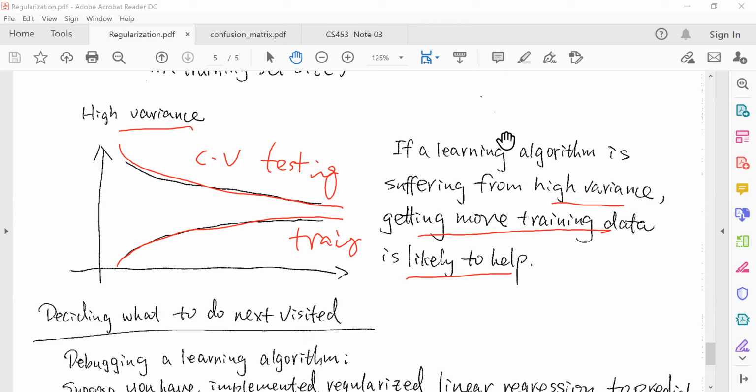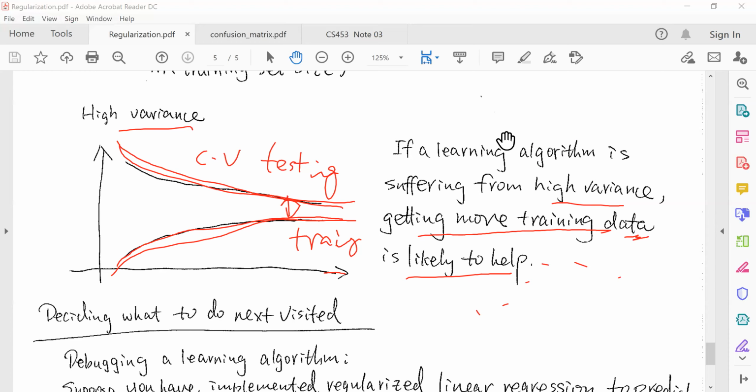You can see the gap between these two, the arrow, is getting smaller. So increasing the number of training data is likely to help, because high variance will cause overfit. Overfit is because of what?